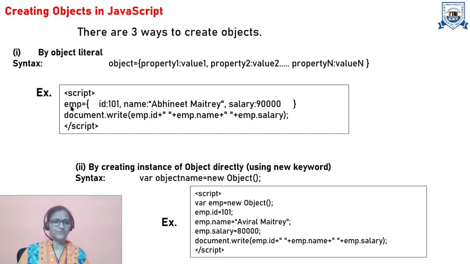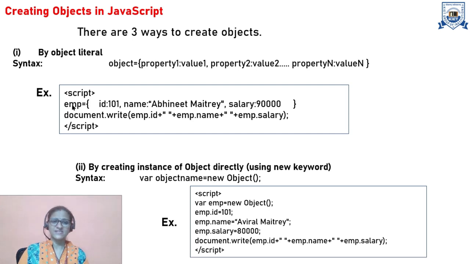Now take the example. So this is the literal emp. It will work as a variable. Here the property id has the value 101. Name is the property, and Abhineet Maitre is the value. Salary is the attribute, and 90,000 is the value over here. Now this literal is working as an object, and with the help of this object, we can retrieve all the properties of this object.